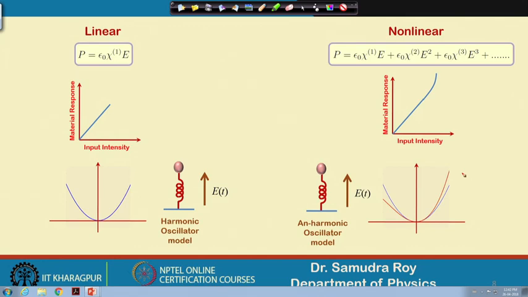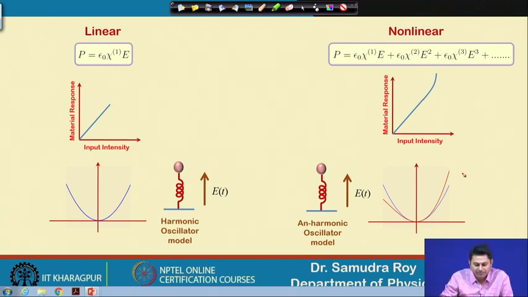This is basically a very rough estimation of how this nonlinearity is appearing in the system. Very simply we can say that since my polarization P does not depend on electric field E in a linear fashion, and nonlinear terms in E square and E cube are there in the equation, my system becomes nonlinear. So, the material response will be nonlinear as shown here in this figure.